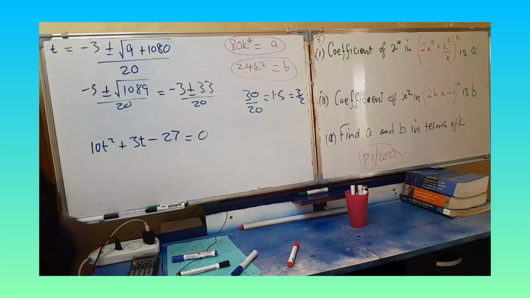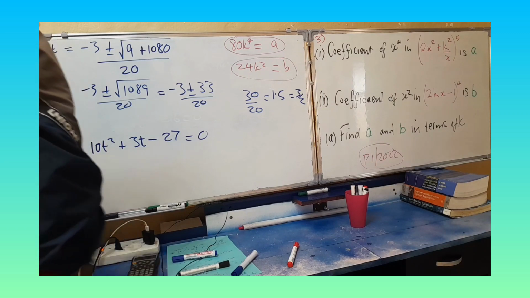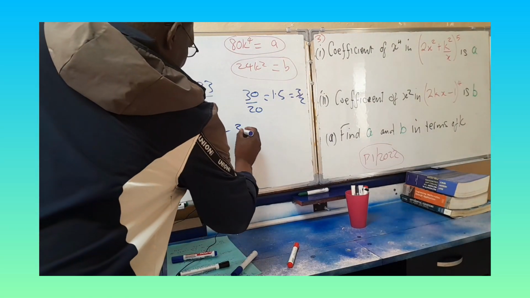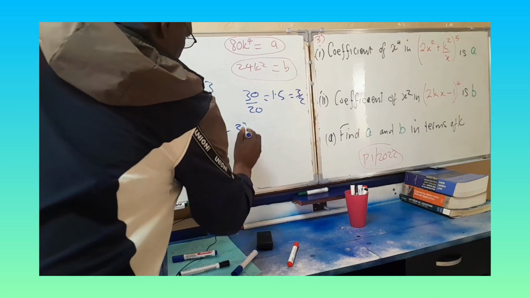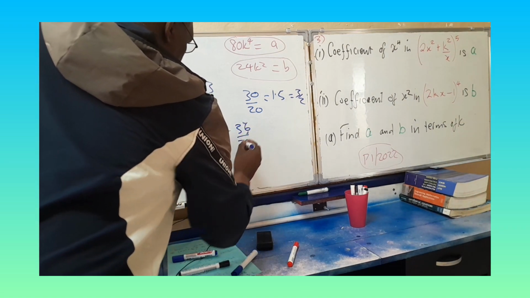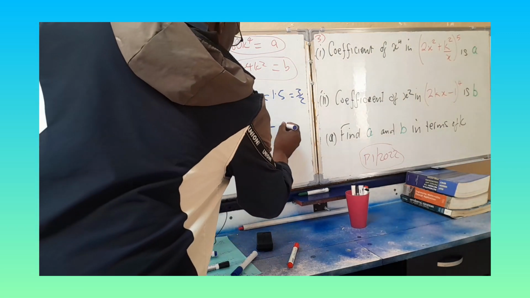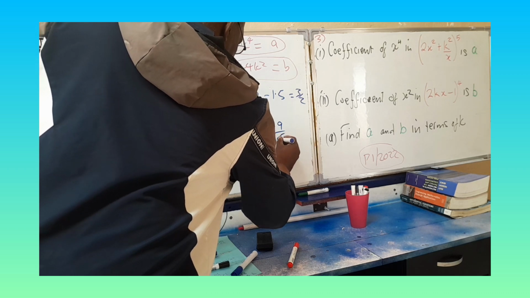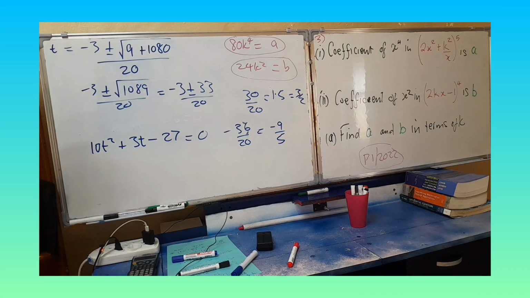Or it's 33 plus 3, or rather minus 36 over 20, which could be, divided by 4, minus 9 over 5. Minus 9 over 5. Those are the values of t.